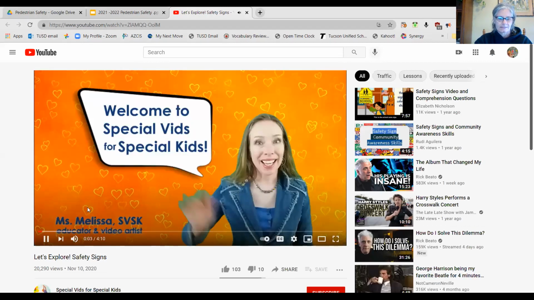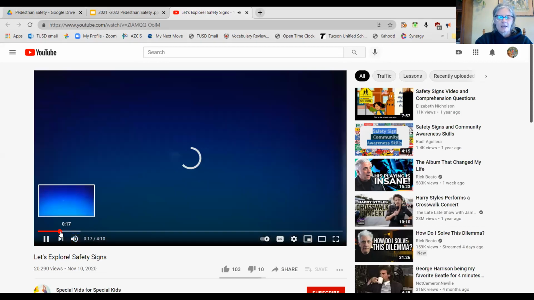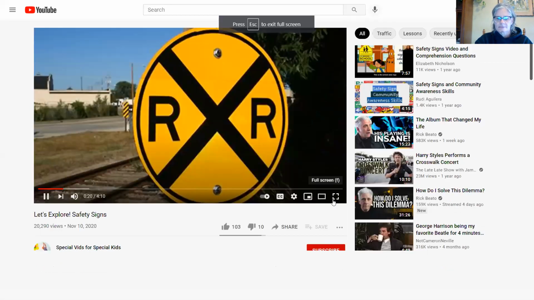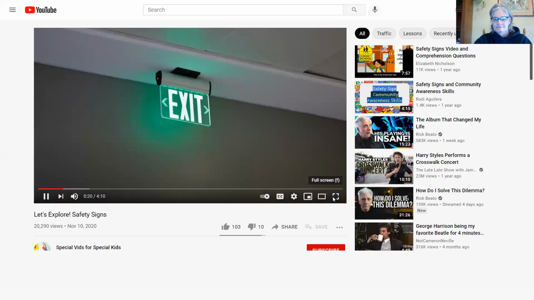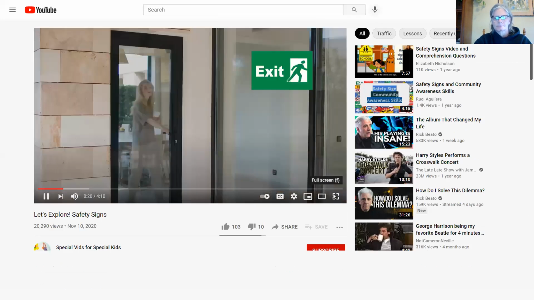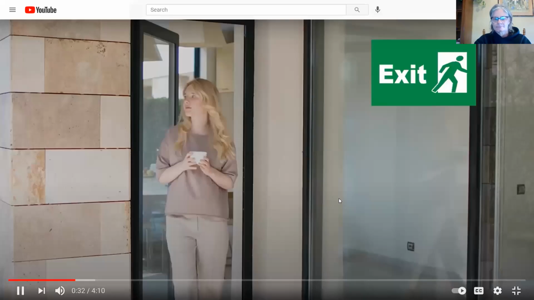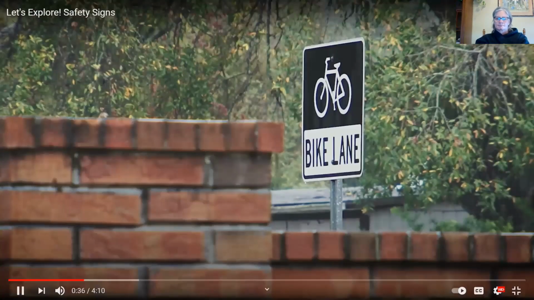Welcome to Special Vids for Special Kids. So we're gonna go over what these signs mean. Railroad crossing. Watch out for trains when you see these signs. Exit. Follow this sign to leave a building. Bike lane.